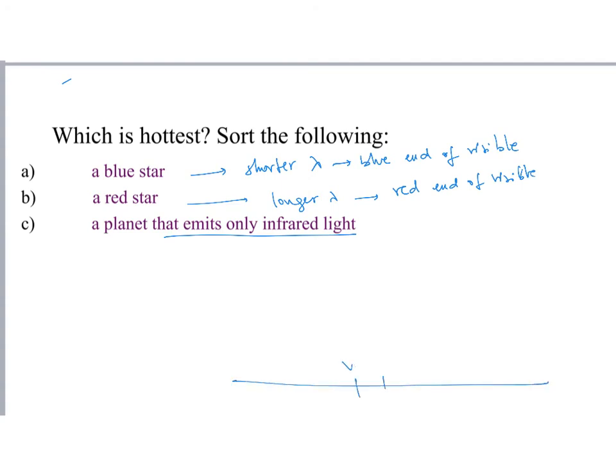So we have visible here, and if the wavelength increases this way, then this is red, this is blue, here would be ultraviolet, and here would be infrared. So this is where you would expect to see that lambda max in infrared.